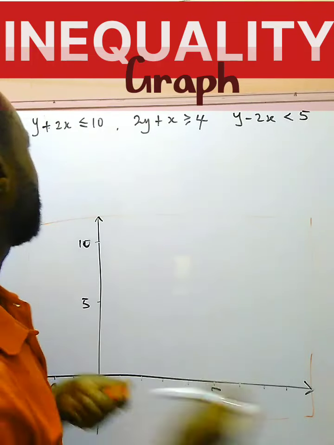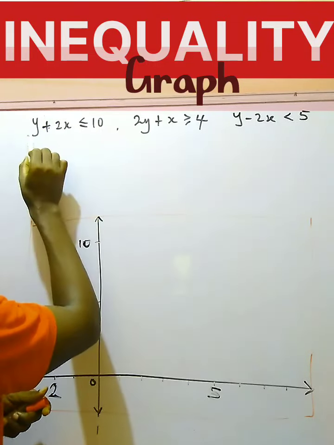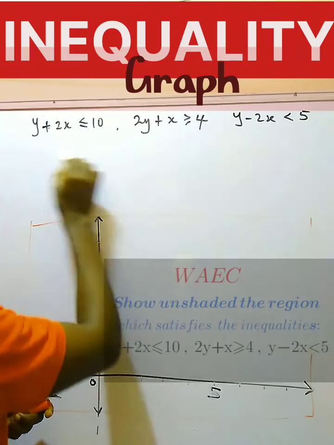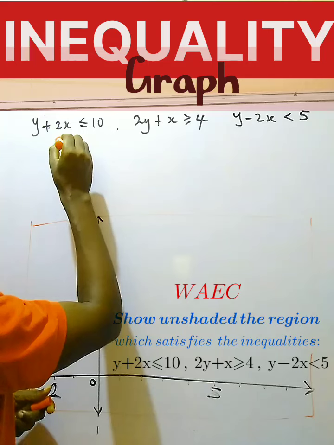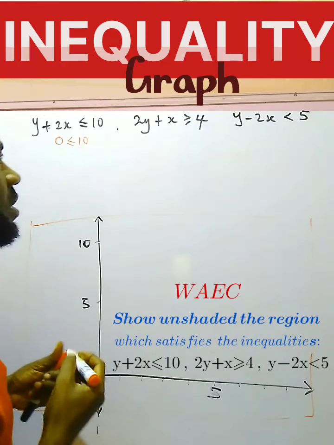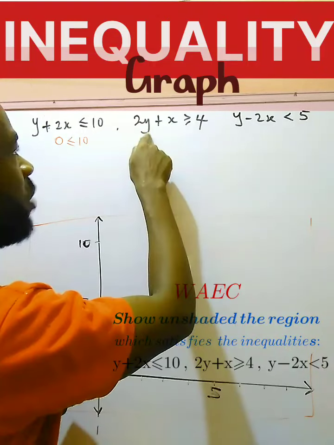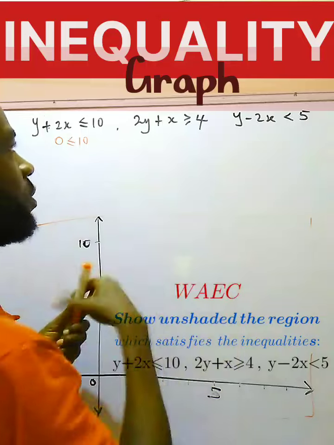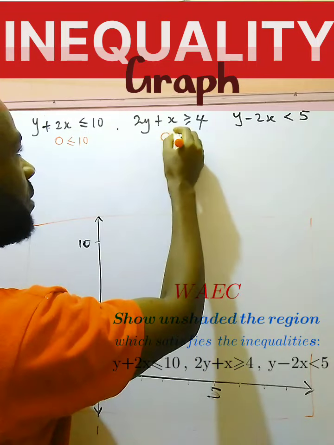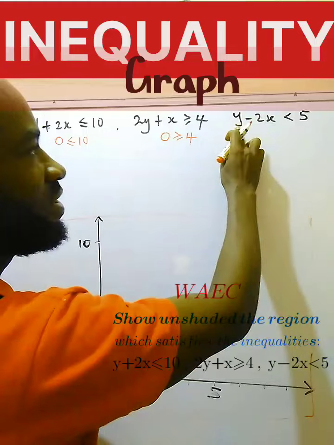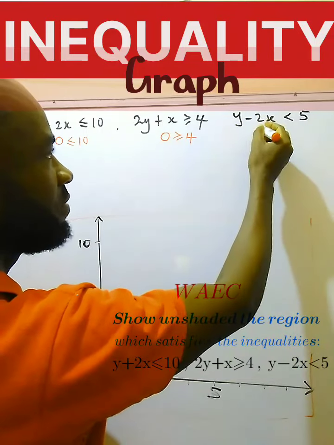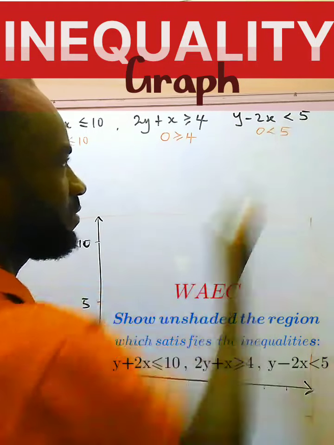When x is 0 and y is 0, what will happen to this inequality? We are going to have 0 is less than or equal to 10. When y is 0 and x is 0, I'm going to have 0 is greater than or equal to 4. And then 0 is less than 5.